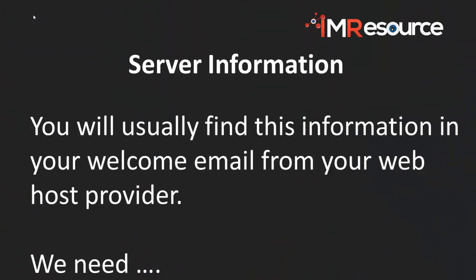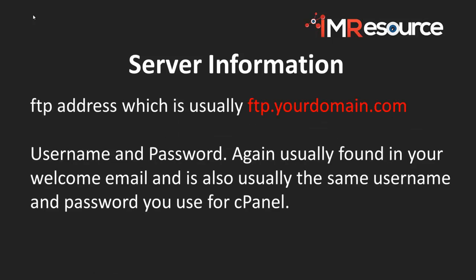Okay, so the next thing we're going to need before we can use our FTP client is our server information. You'll usually find this information in your welcome email from your web hosting provider. So we need our FTP address, and it's usually ftp.yourdomain.com.